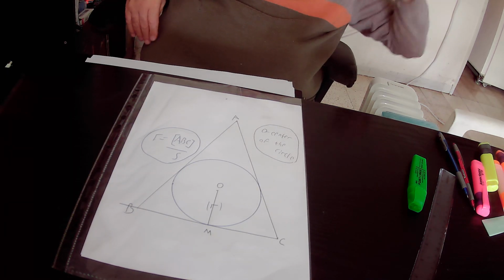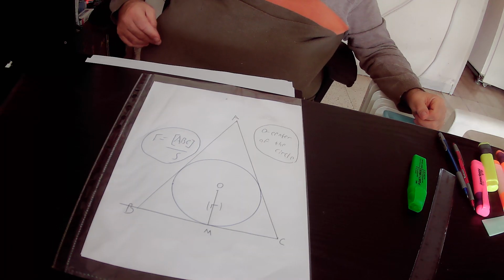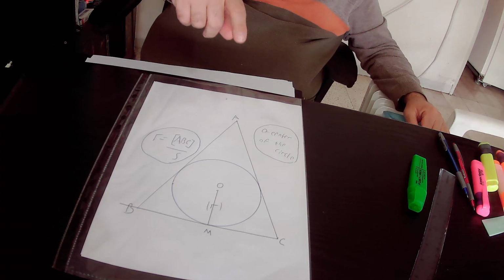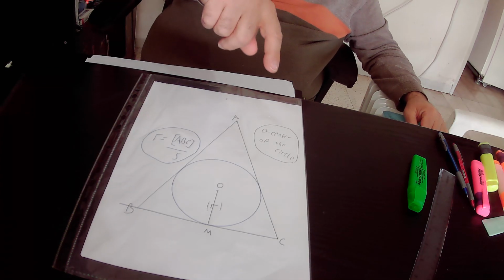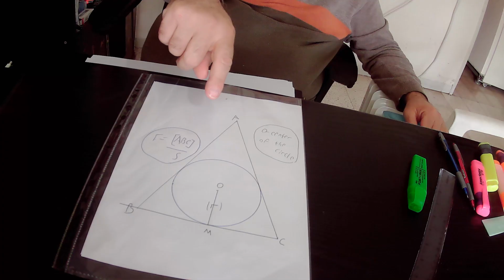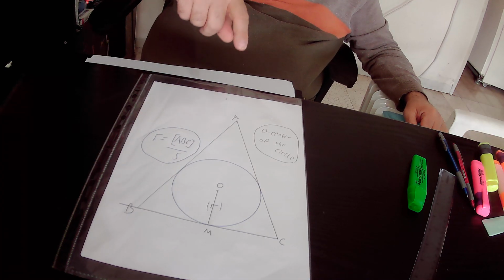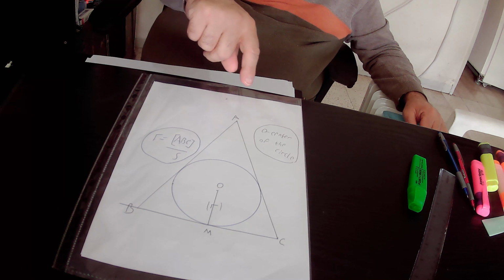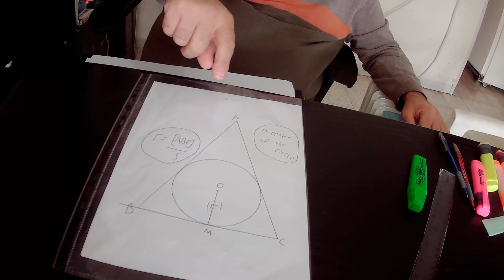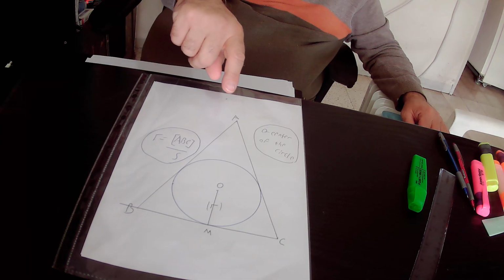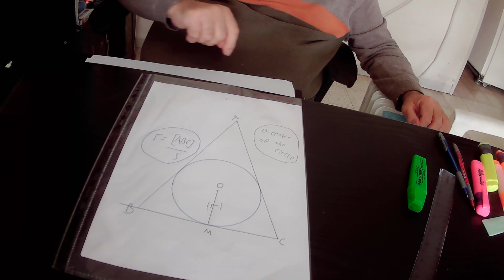And whenever you have a circle that is described by a triangle, then the radius of the circle will be equal to the area of the triangle that encloses the circle. In this case, it is the area of triangle ABC that could be any triangle, over S, that is the semi-perimeter of the same triangle ABC.